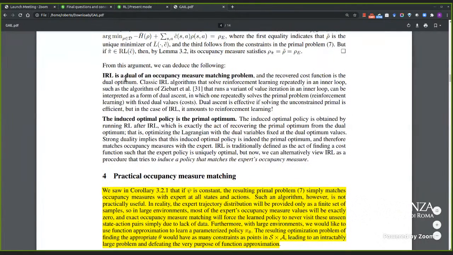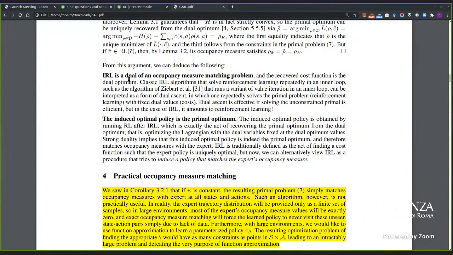Also here they're talking about how this is related to the dual and primal problem of reinforcement learning.